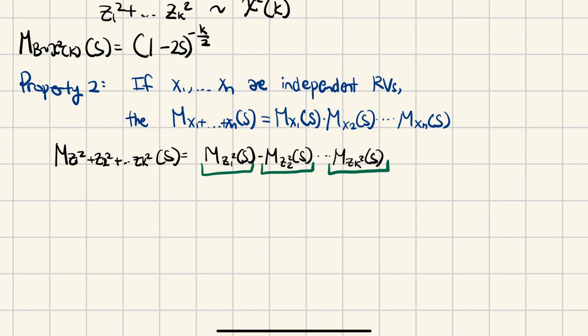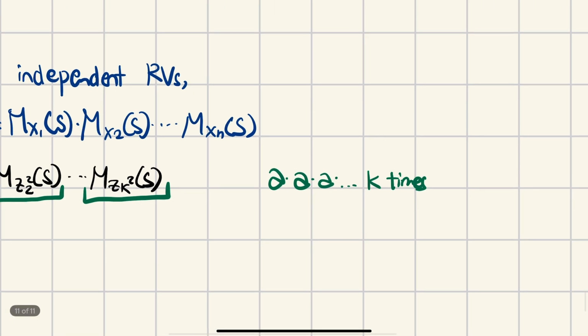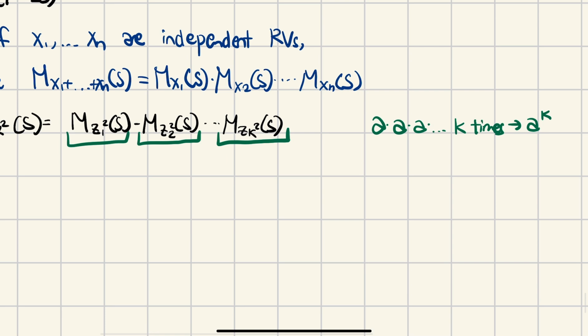If they're the same and multiplied together, it's like a multiplied by a, k times, which is just a to the exponent of k.